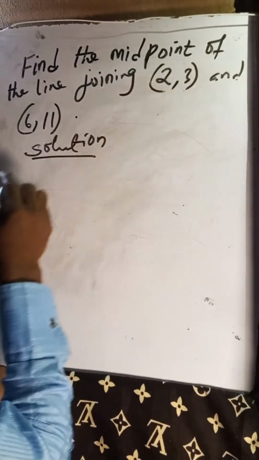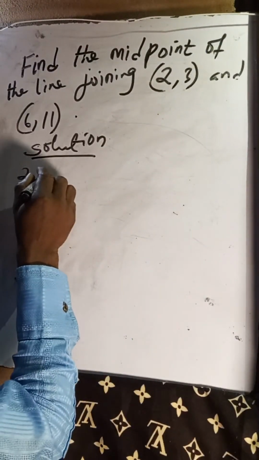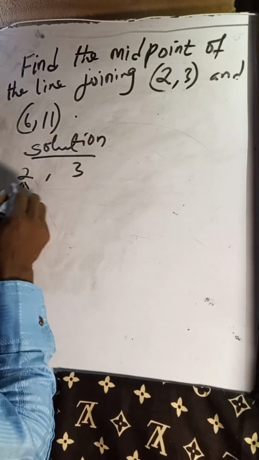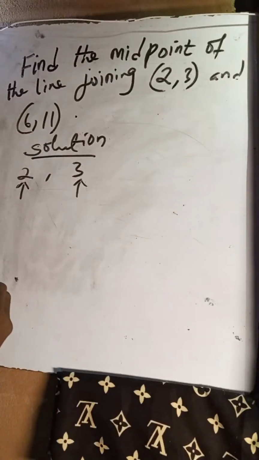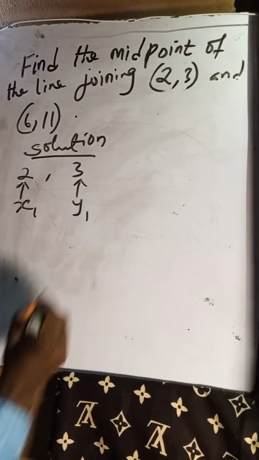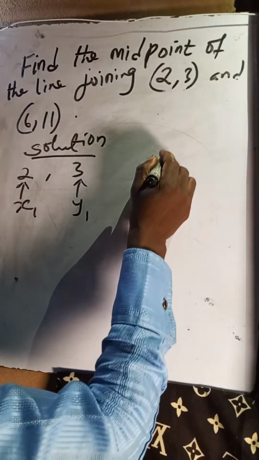This is x, okay? This is 2, and this is 3. So this one here is x1. Please take note. This is y1. Here we have 6 and 11.